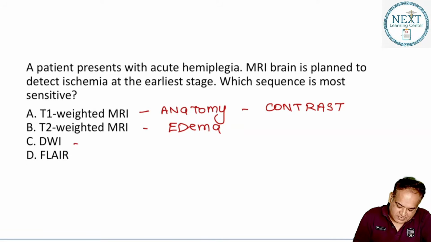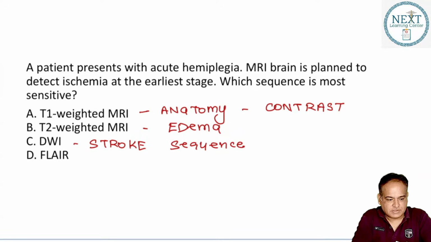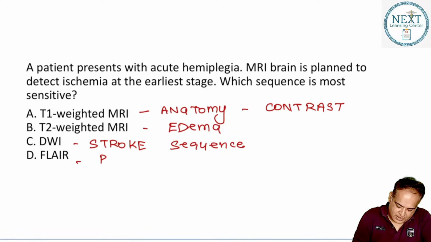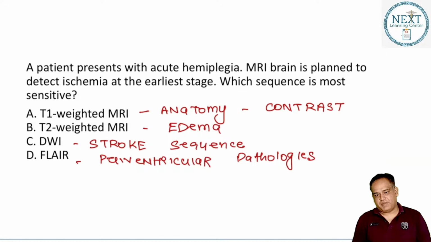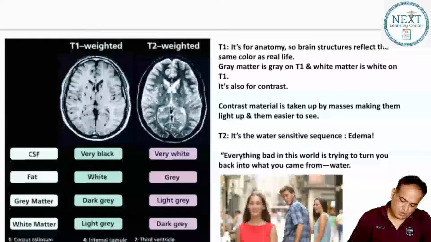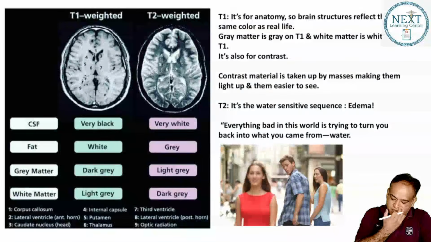DWI is also called the stroke sequence, right? And FLAIR, it is for periventricular pathologies, right? Okay.